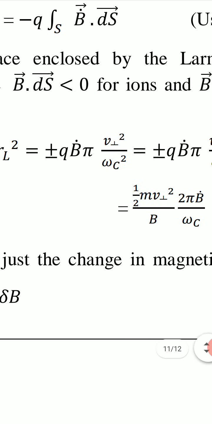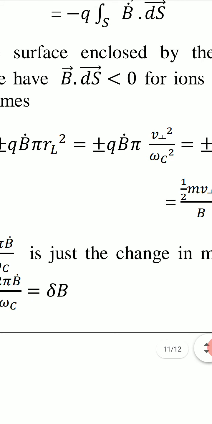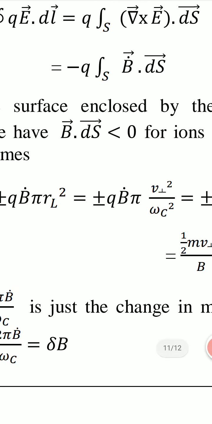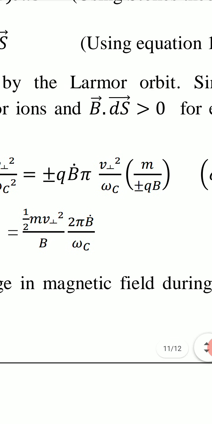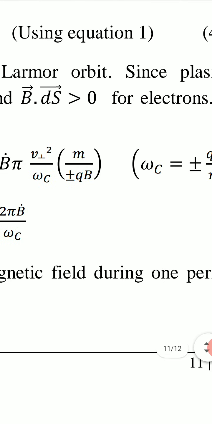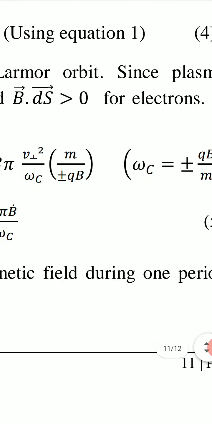Since plasma is diamagnetic, we have B vector dot ds vector less than 0 for ions, that are positively charged particles. This is the flux B vector dot ds vector, it is negative. And this B vector dot ds vector is greater than 0 for electrons, which are negatively charged particles.